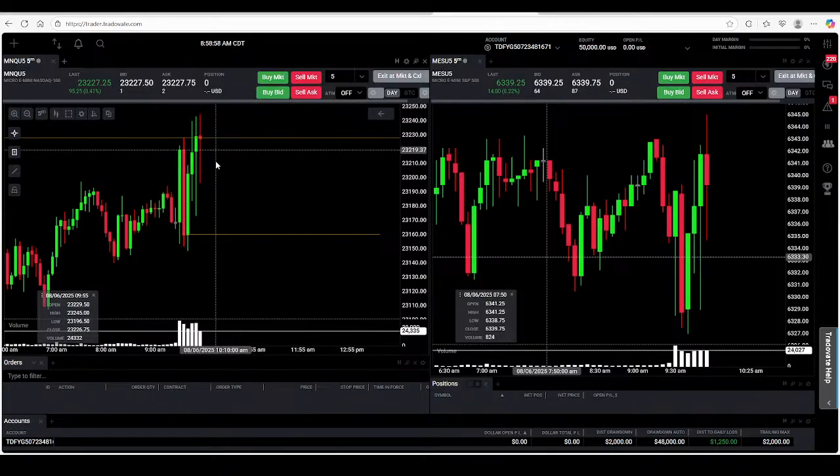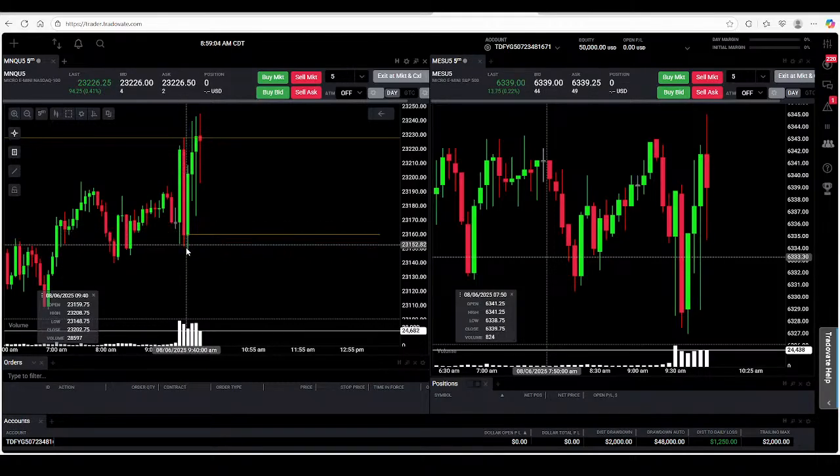We reject up here, and then we would come down and close below this. A change in the state of delivery is when we drive up into a zone or a key level, we sweep it, and then you close below. It's the opening point of the candle of the move that causes you to go up into that level.